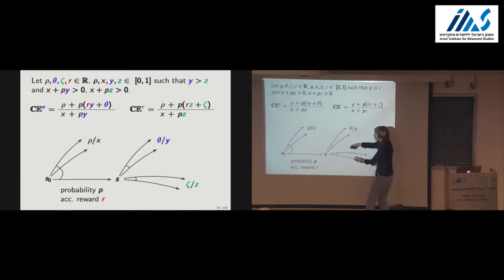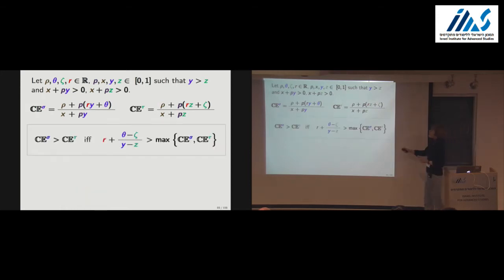And from then on, we have the R plus the probability to reach the goal plus the theta divided by the probability to reach the goal under this scheduler sigma, which takes this blue branch here. Well, and here we have the analogous thing. Now you can calculate that the left-hand side is larger than the right-hand side if and only if this value here is larger than the max of these two.